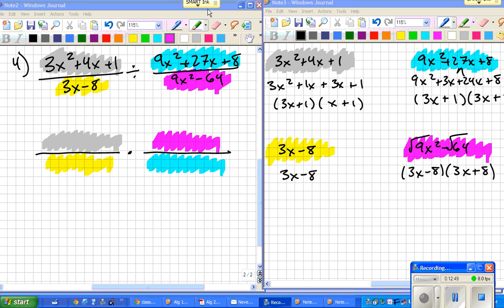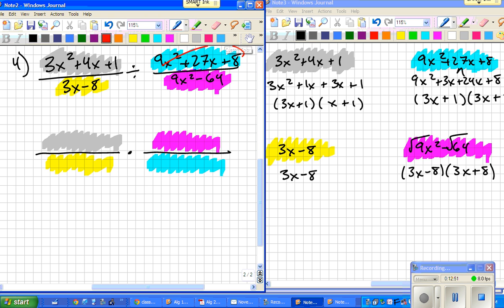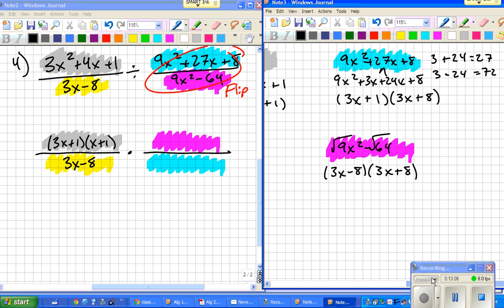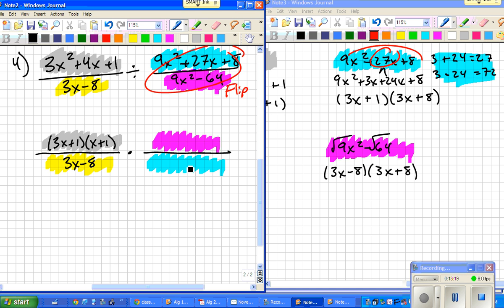Okay, so first thing that you guys need to do right here is just to make sure that you flip that. Okay, you can kind of see on the right all of my work. The 3x minus 8 couldn't be factored. Now, I know a lot of you guys are going to have trouble with the blue. Okay, remember to do all of this side work over here. You're looking for numbers that add up to 27 and multiply to 72.